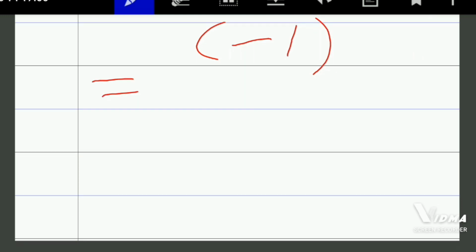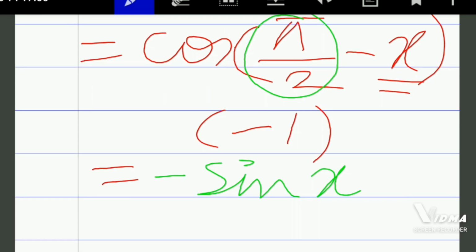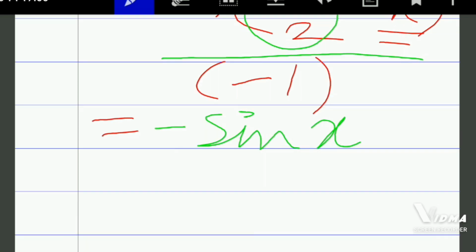Now that means the answer would be minus sin x. By the theorem of trigonometry, cos of pi by 2 minus x would be sin x. So overall minus sin x is the answer.